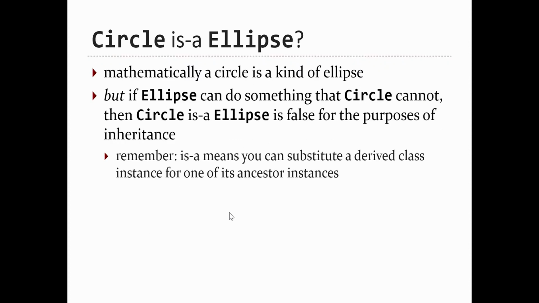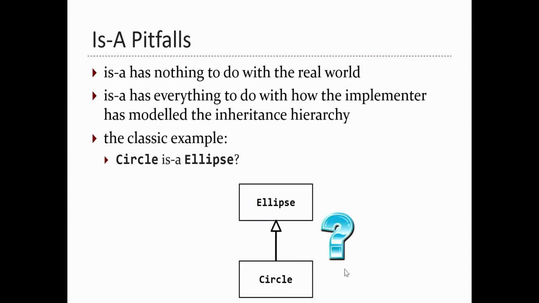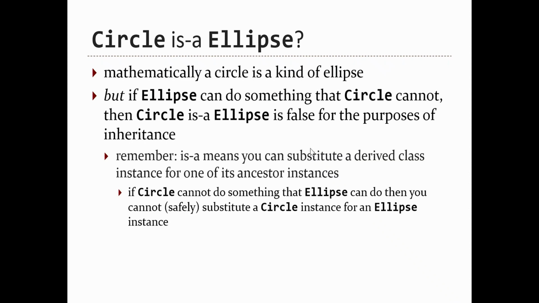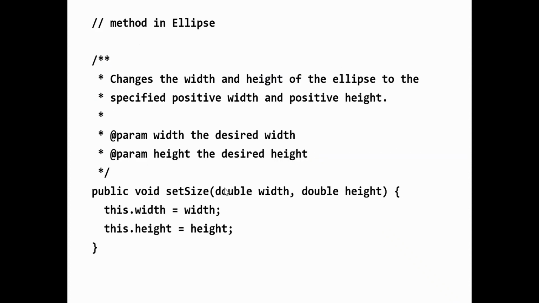Now, you might wonder why you can't do that. Why can't I do this if circle can't do everything that ellipse can do? The answer is that someone can come along and write a program or a method that involves using an ellipse. They write some method that takes in an ellipse object. In that method, they call setSize, assuming that the size of the ellipse is going to change to have that width and that height.